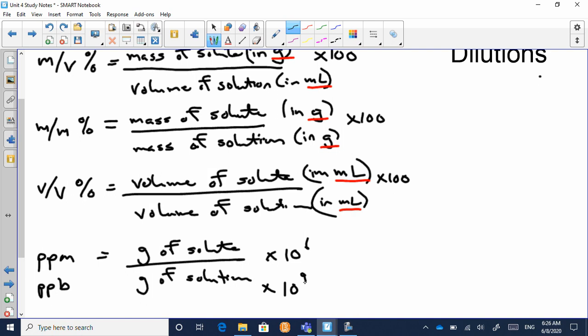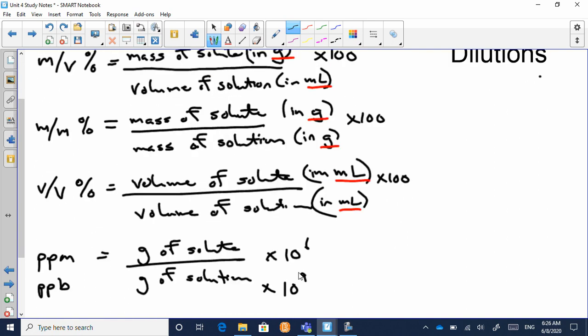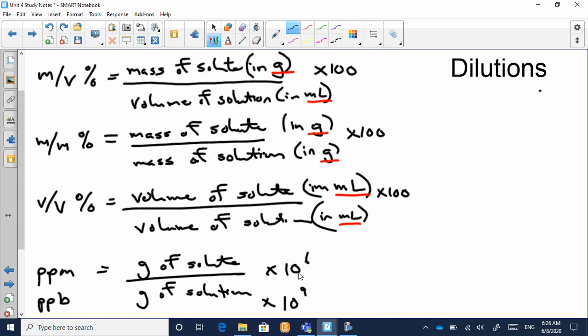So it's a little bit different than those other 3. So those are the 4 quantitative formulas you will need. You will only need those for the first section of the assessment, so that multiple choice section. So have those ready to go in case you need them.